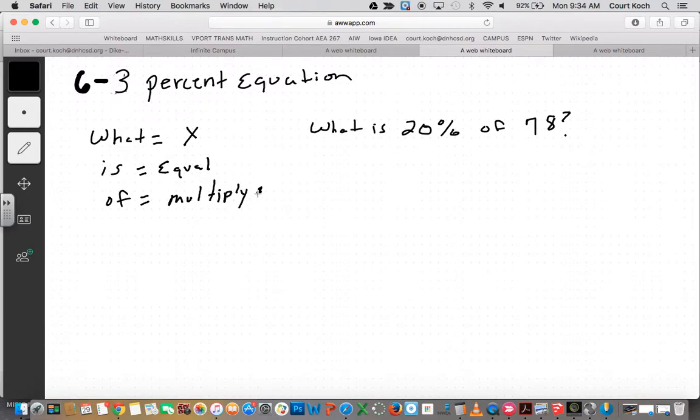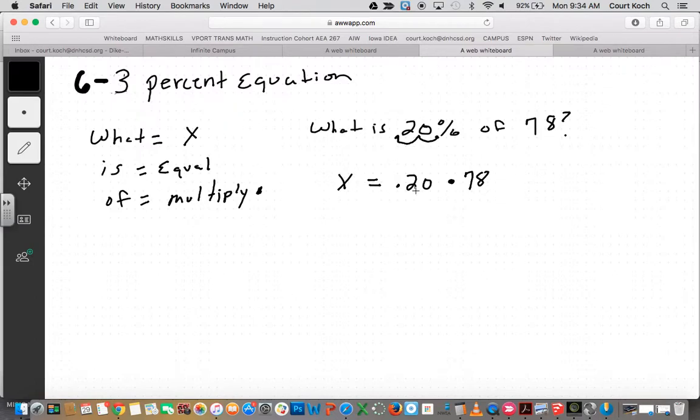We use that dot. And I basically ask the question, what is 20% of 78? So I'm going to substitute these words. X equals 20%. Now here I have to change this back into a decimal, so 0.20. Of means multiply, 78.